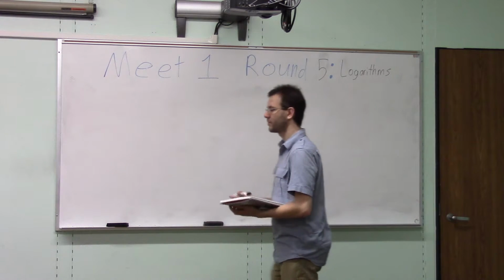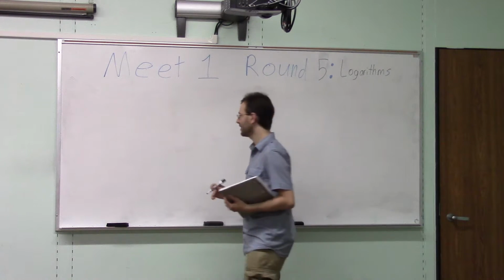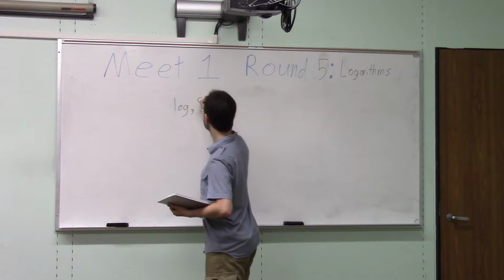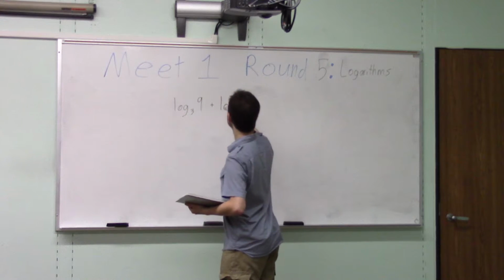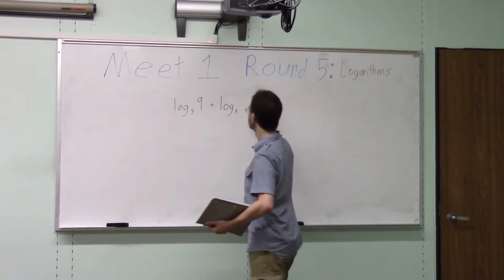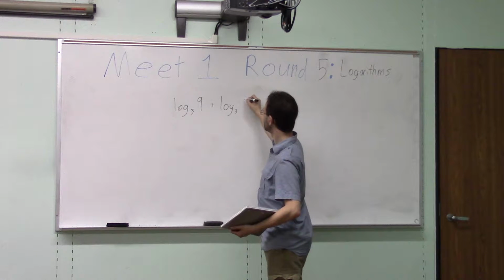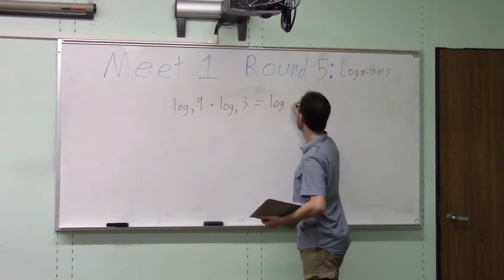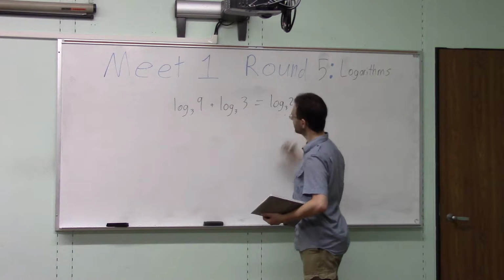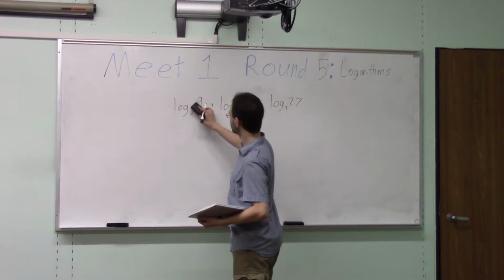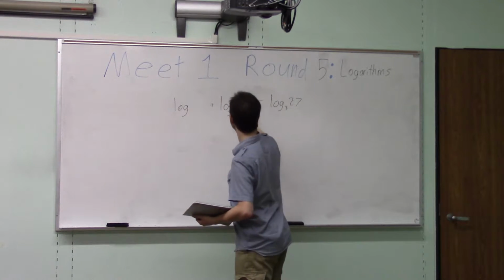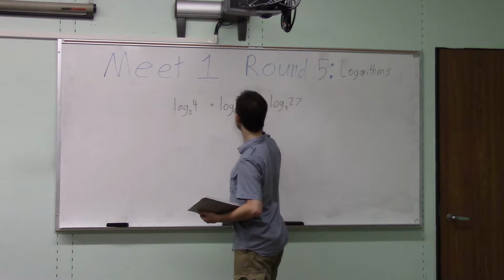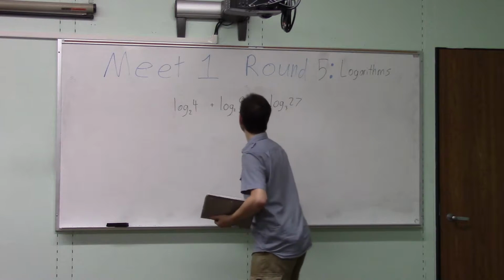Logarithms follow different rules from the rules we follow. Let me present you with this. You know what? I don't like 3's. Let's do this. This will illustrate it better.